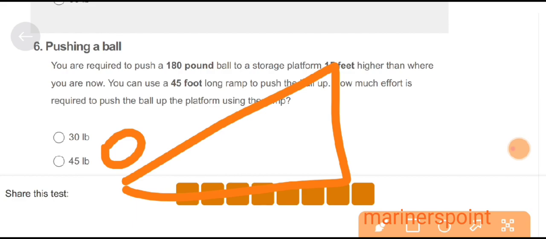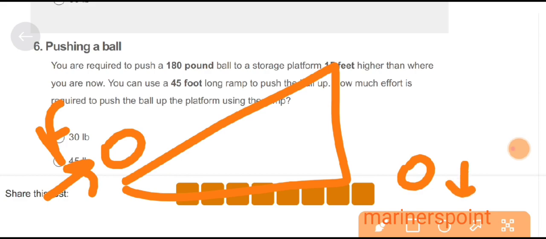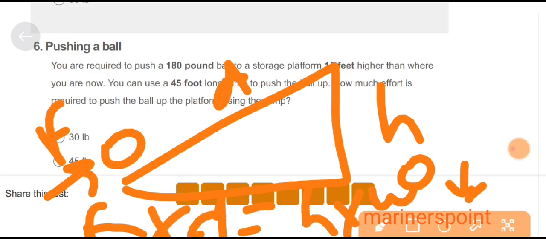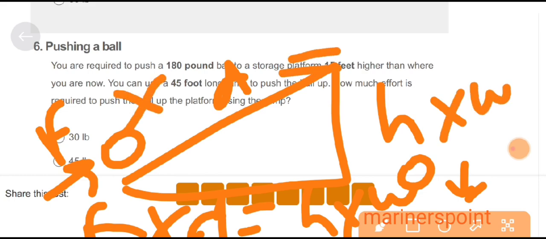This is weight W, and here force. Here assume weight W, 180 pound. This is height and this is distance. The formula for this type of problem is F into D equals H into W; both are equal.